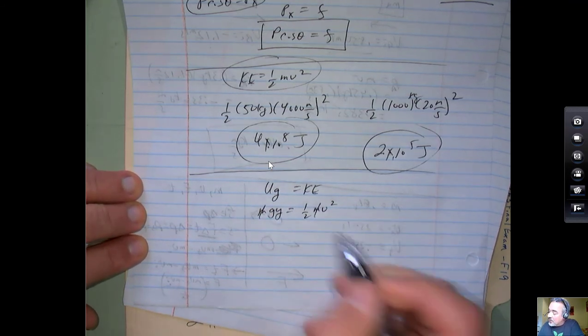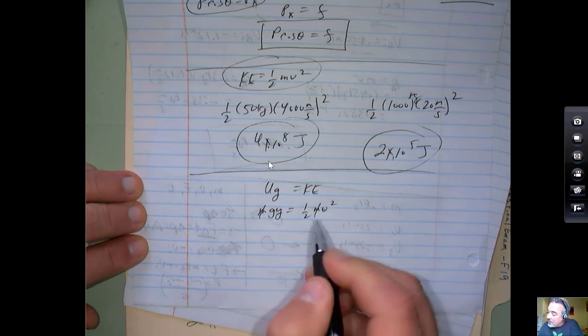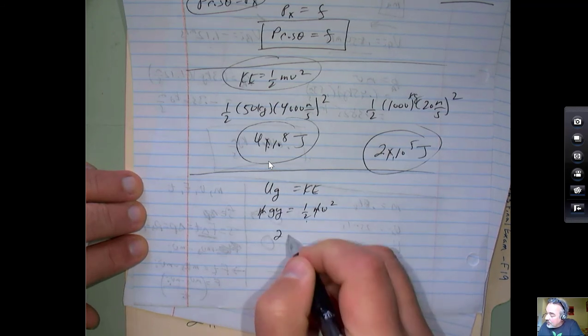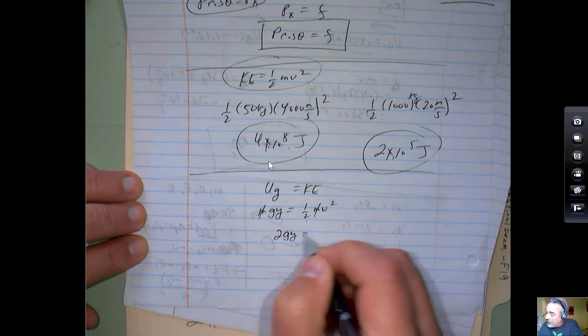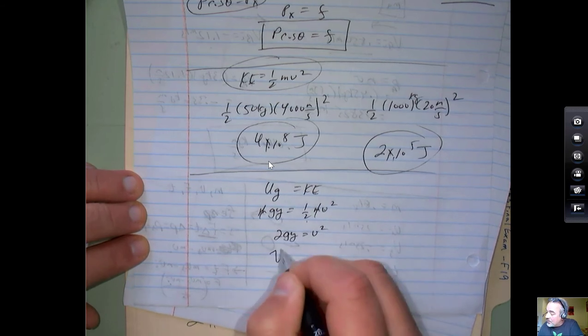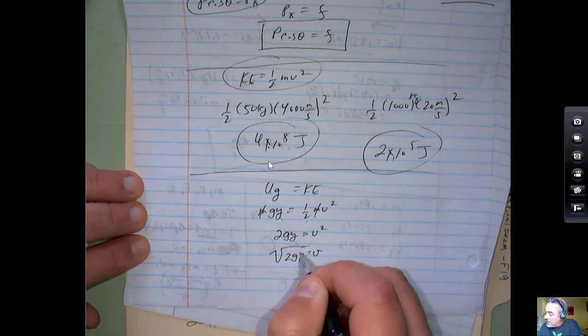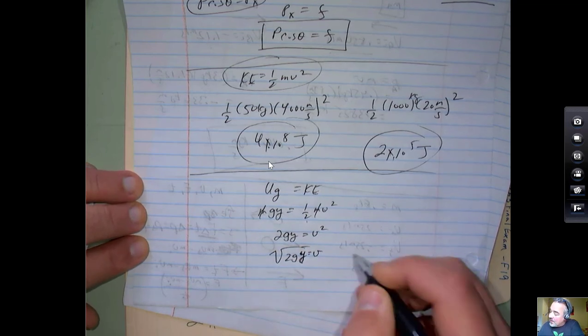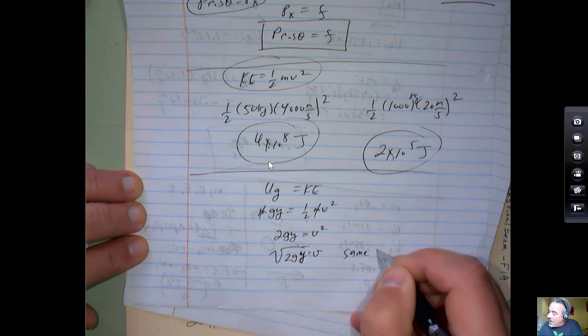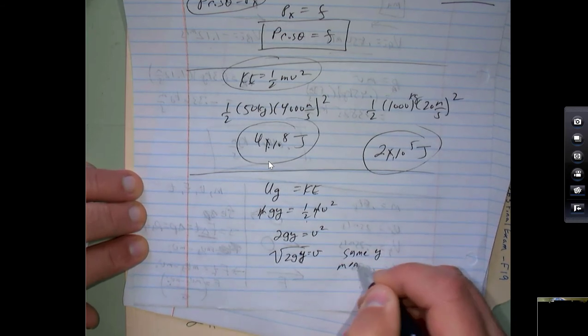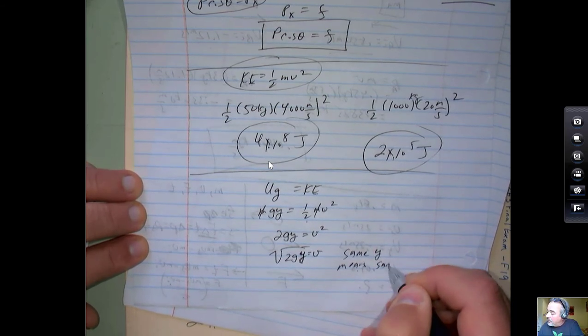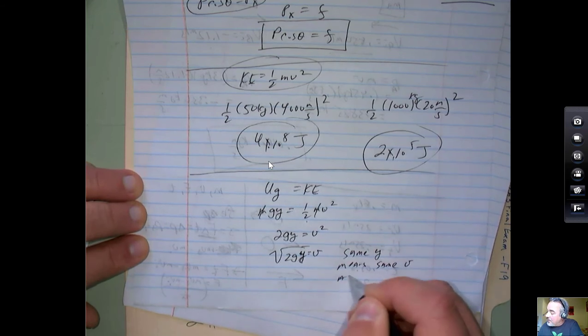So the speed at the bottom is going to be, multiply both sides by 2, 2gy is v squared, and then take the square root of both sides. And then you can say same y means same v at the bottom.